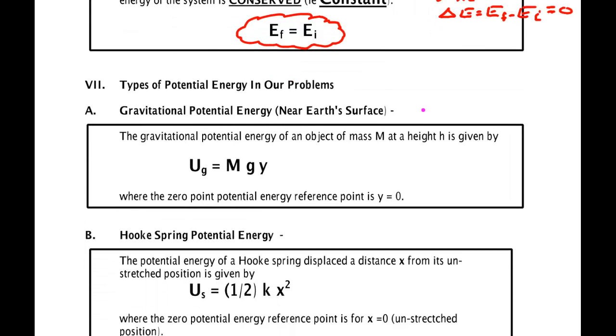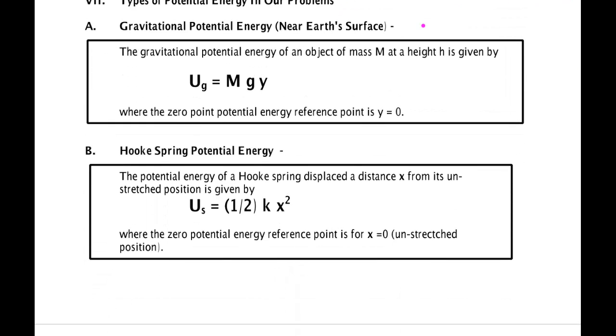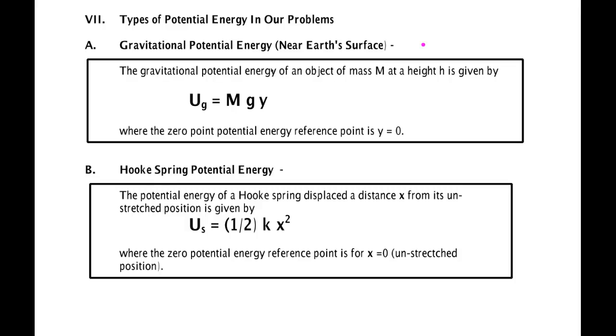Now, there are two types of potential energy formulas that would be useful in calculating these energies. So I tell you the following. The gravitational potential energy of an object of mass m at a height h above the Earth is given by the formula U equals mgy, where y is the height above the zero potential reference point. So you have some place on the Earth or anywhere else, and you call that y equals 0.